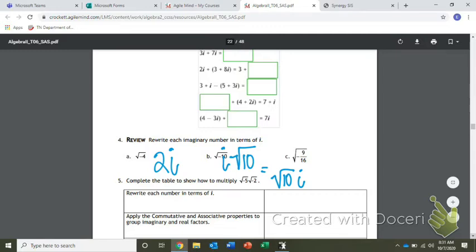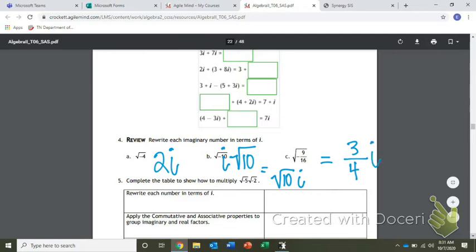All right, the last one on C. Can you take the square root of 9? Can you take the square root of 16? So we can simplify. What's the square root of 9? 3. And what's the square root of 16? So I have 3 over 4, i.